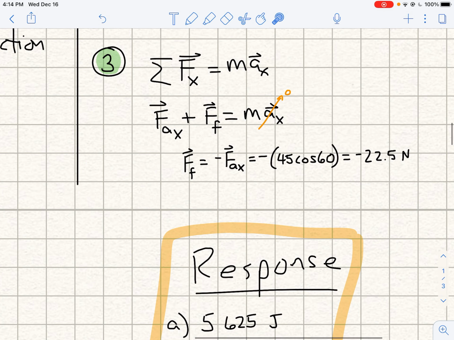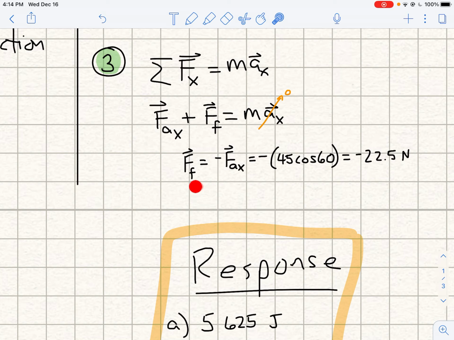Net force equations always start with Newton's second law. I substitute in the forces that are along the axis. In this case, there's only two: the applied force in the x direction and the force of friction. These are vectors, so we're adding them together as our equation tells us. The acceleration is zero because it's moving at a constant speed.